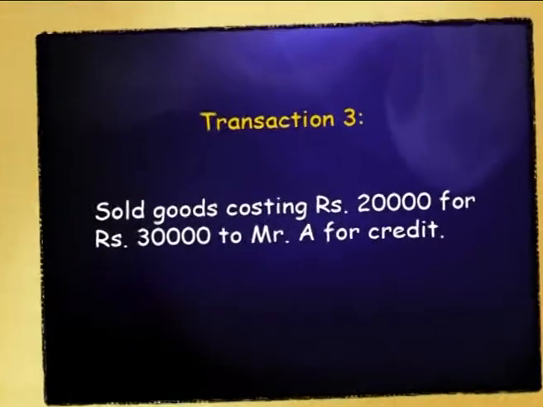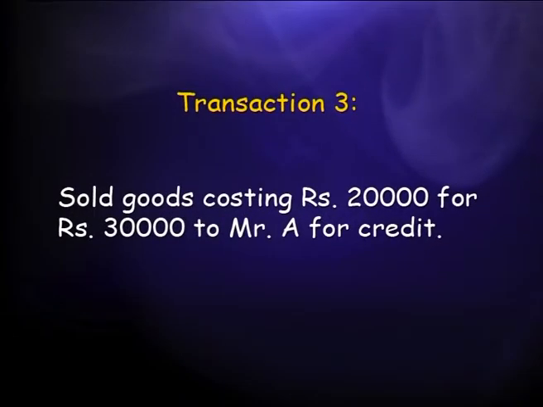Let us take the third transaction: sold goods costing rupees 20,000 for rupees 30,000 to Mr. A on credit. In this transaction, the first aspect is generation of a new asset, that is debtor Mr. A for rupees 30,000, to whom we have sold goods on credit, and payment is not yet received.